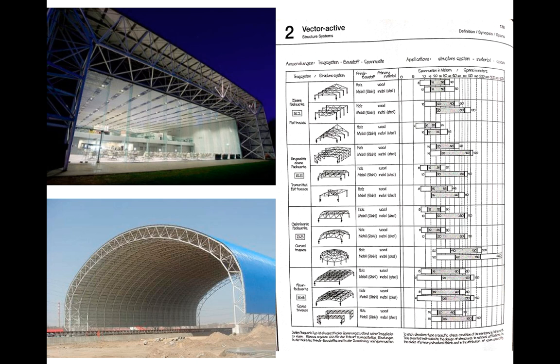If you get in very close, you realize that it's actually working like a truss that's bent around a very effective arch shape. And in these charts, you can see that we have some general rules of thumb for how far systems like this can span.